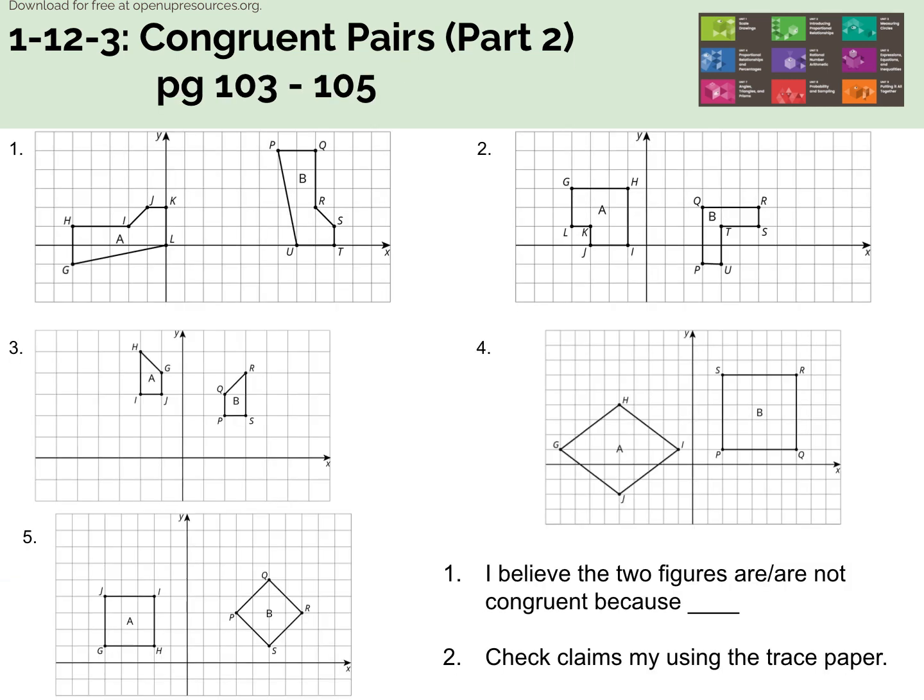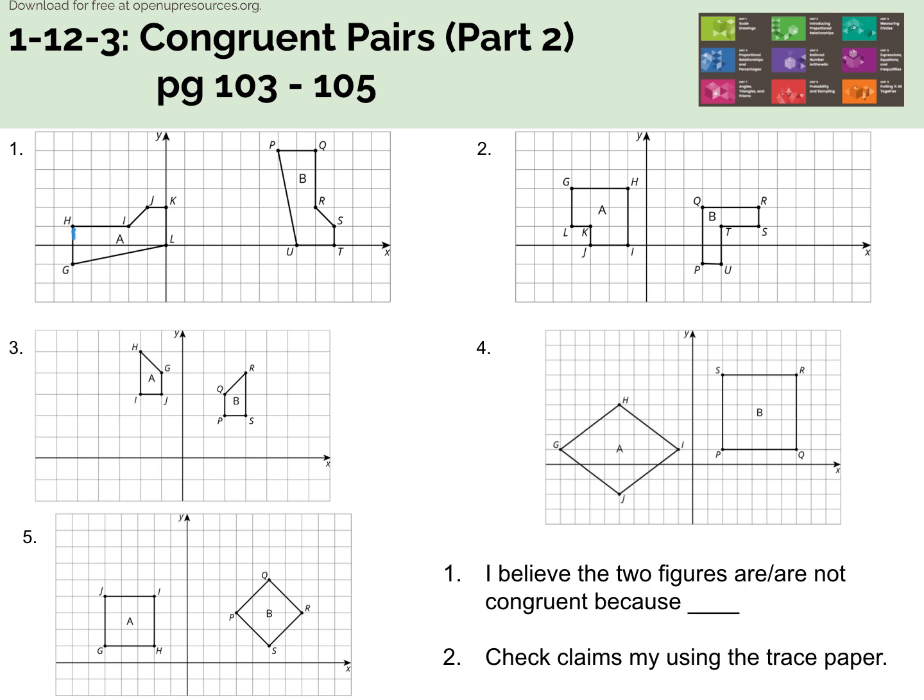Looking at number 1, I want you to figure out if this is congruent or not congruent, and give me a reason why. Go and just think for a second. So is number 1 congruent? Yes, it is.